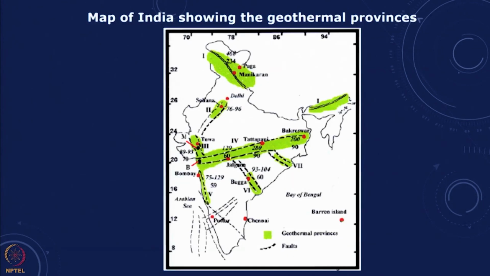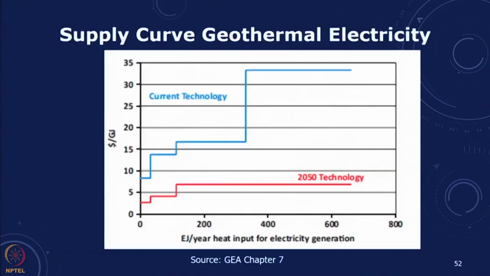In some cases in the Puga Valley, we are getting temperatures of 200 centigrade, and so this can be used for power generation. There's a pilot being planned at Puga Valley. Many of these other places, you can use it for cooking, you can use it for heating, and we do not expect geothermal to have a very major role in the Indian context, but locally this can provide some of this requirement.